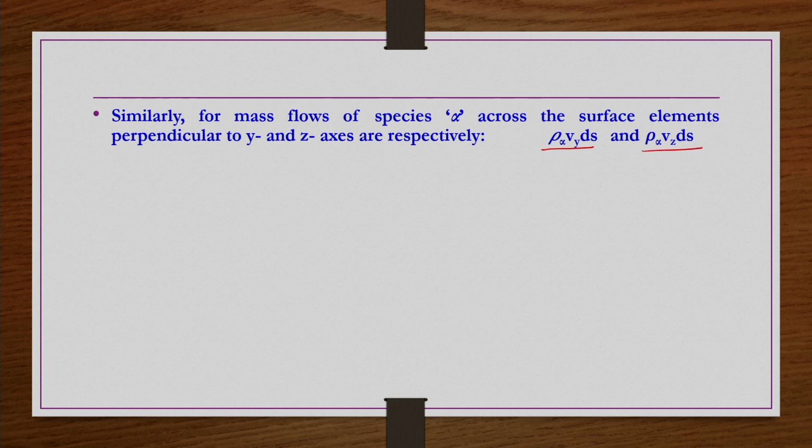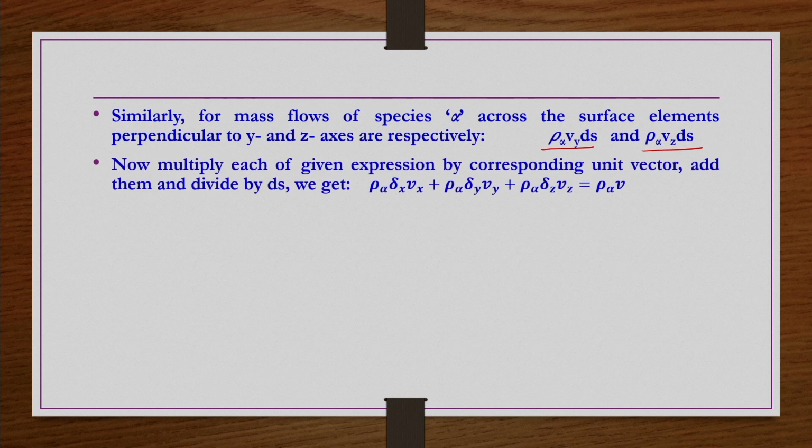Now, these three quantities, what do we do? We multiply by their unit vectors in the x, y, z directions, normal unit vectors, that is delta x, delta y, delta z. Then we divide by ds and add them together, and we get rho alpha delta x Vx plus rho alpha delta y Vy plus rho alpha delta z Vz.